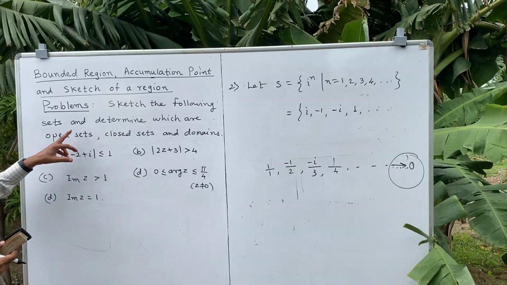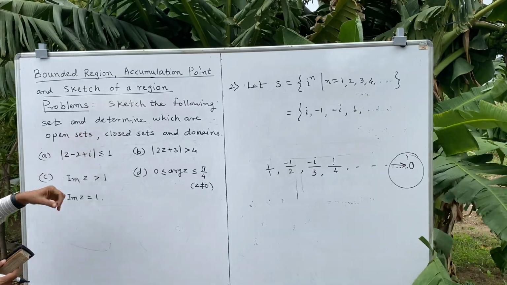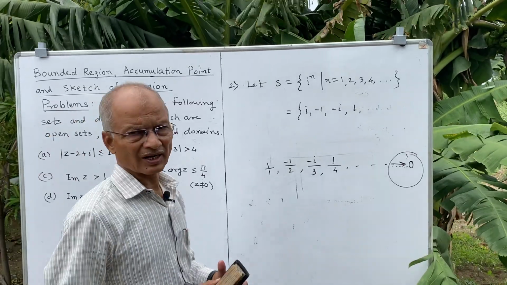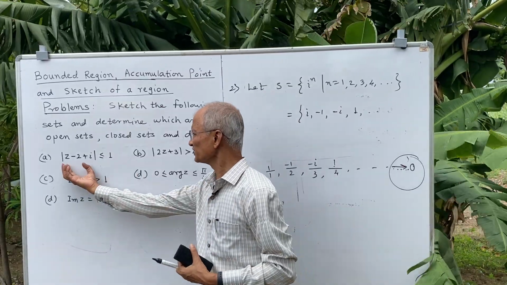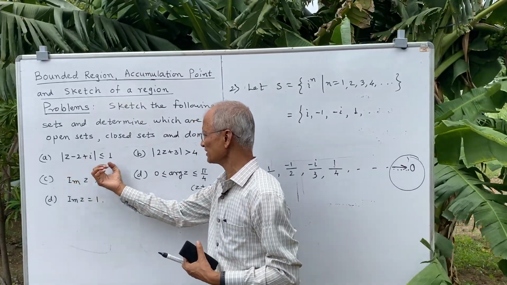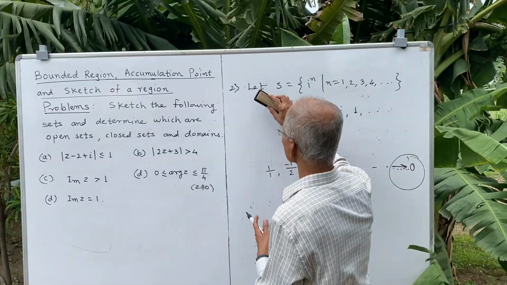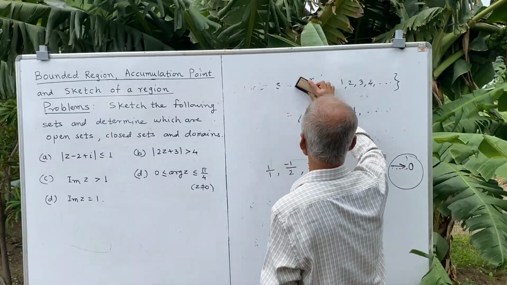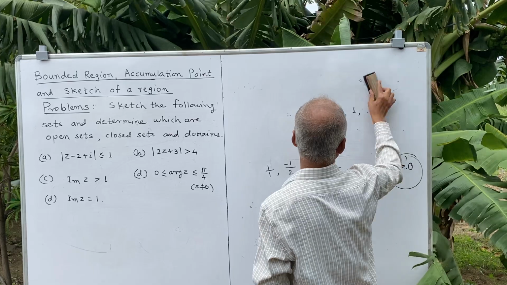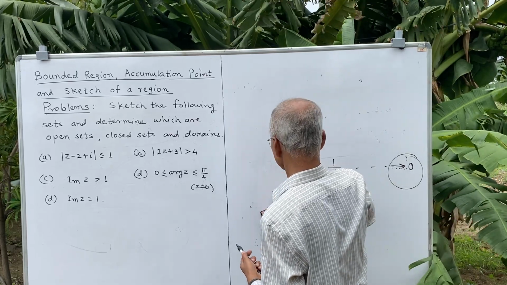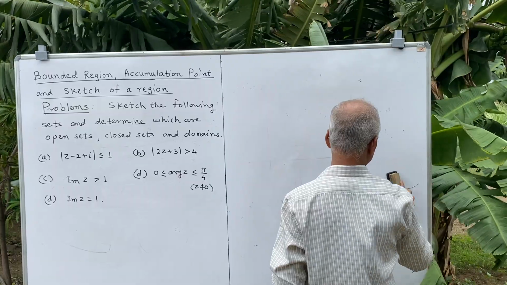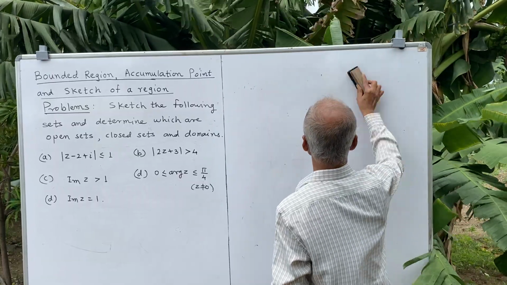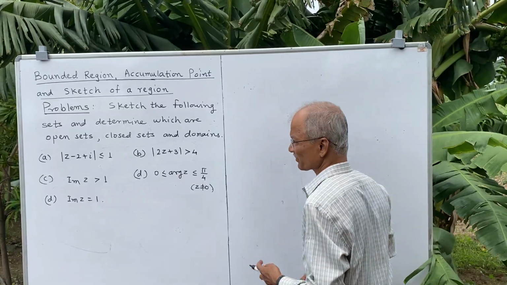Sketch the following sets and determine which are open sets, closed sets and domains. The first is mod of z minus 2 plus I less than or equal to 1. Now we shall express the given inequality in the usual form, that is mod of z minus z naught less than or equal to r, so that it will represent a disk.